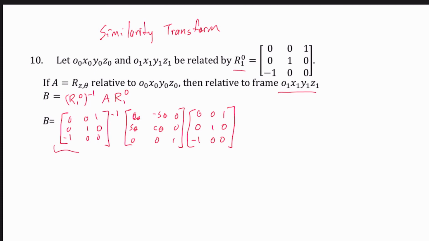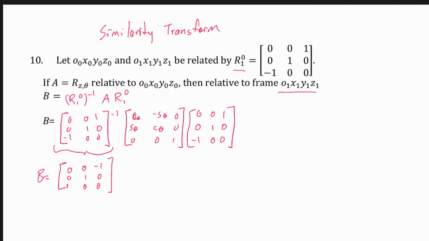So the first thing that I'm going to do is apply my inverse to here. Remember, that's just going to be the transpose. So I can handle that myself: 0, 0, negative 1, 0, 1, 0, and then this negative 1 is transposed with the 1, 1, 0, 0.